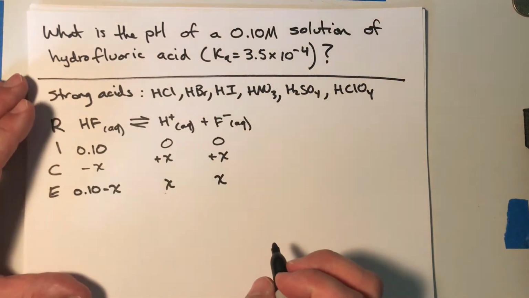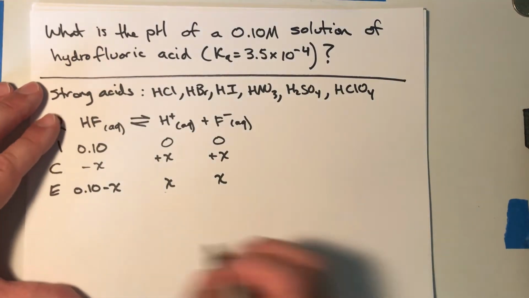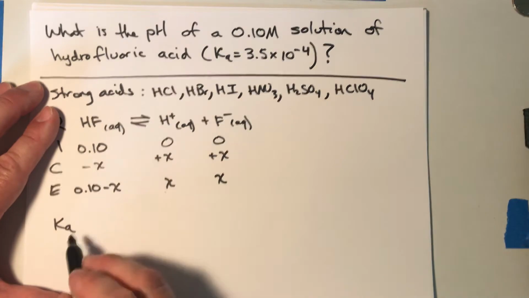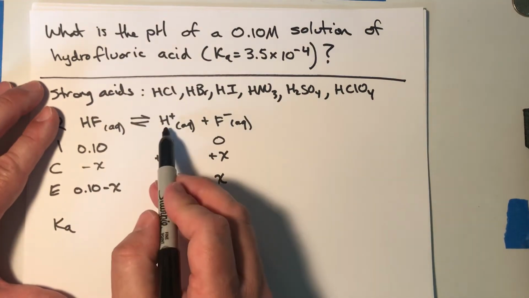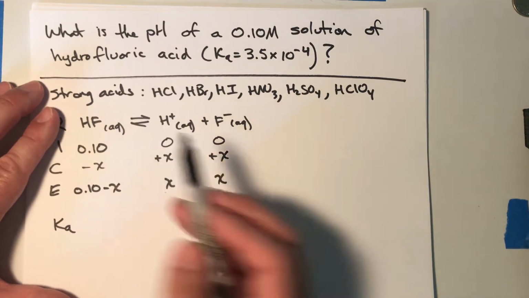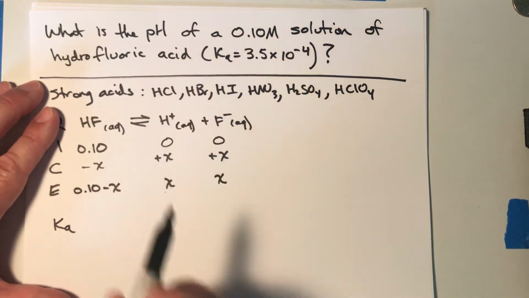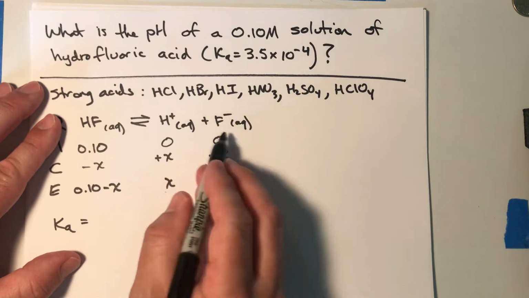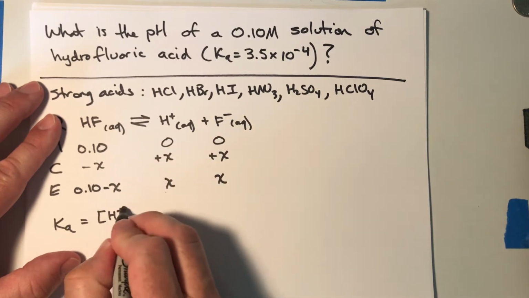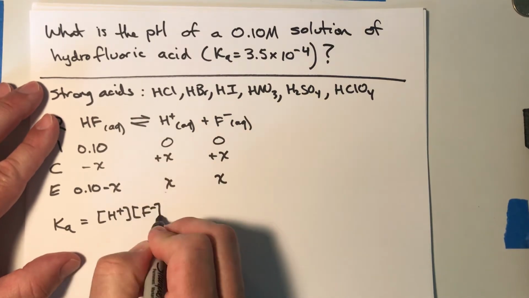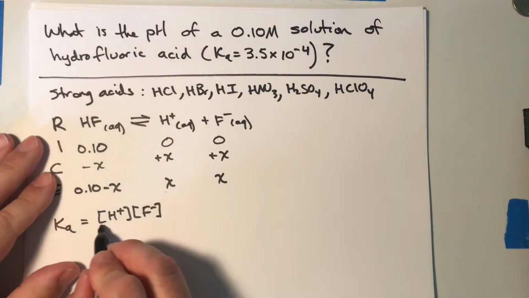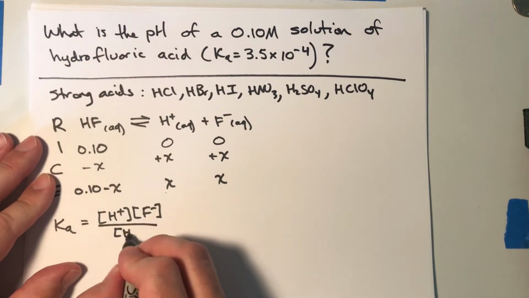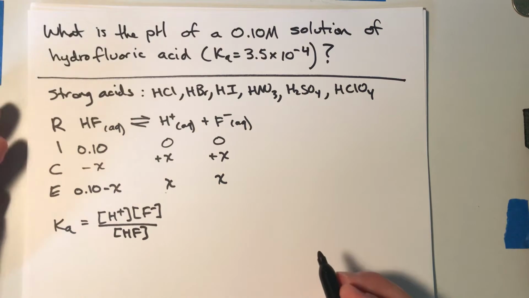Now we need an equilibrium expression. So our equilibrium expression, remember, is Ka. It's A for acid here because we're producing H plus ions. Also, it's an acid. That's the other way to remember that. So the Ka here is going to be products, H plus concentration times F minus concentration over the concentration of HF, the associated acid.